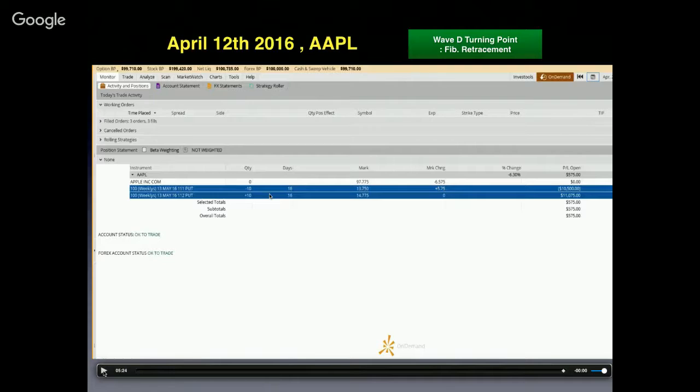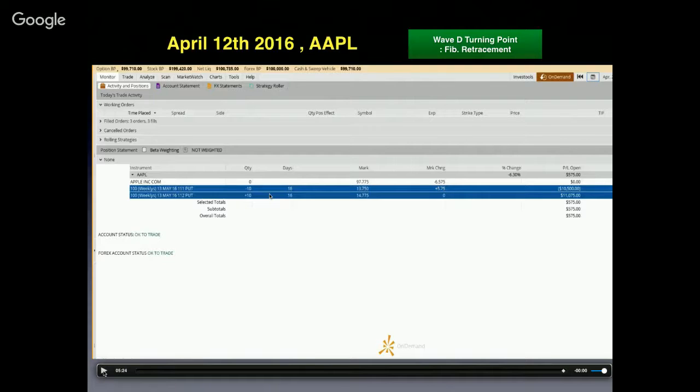That's good for us, because our tier 2 went into the max profit, above and beyond the max profit.